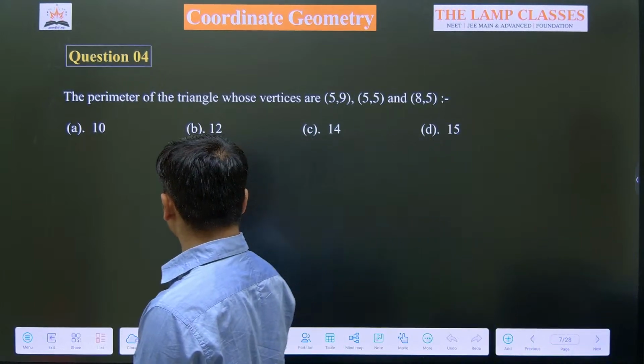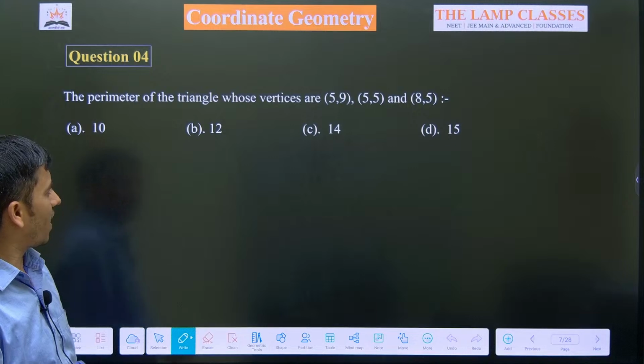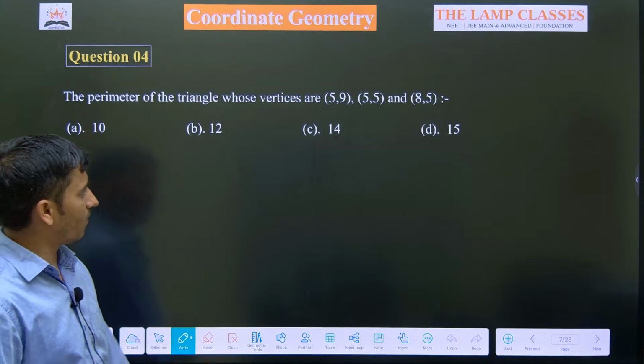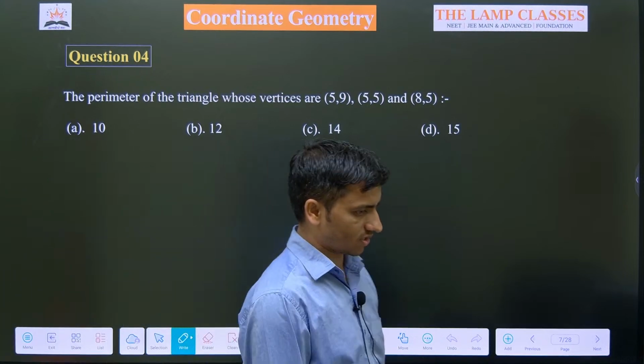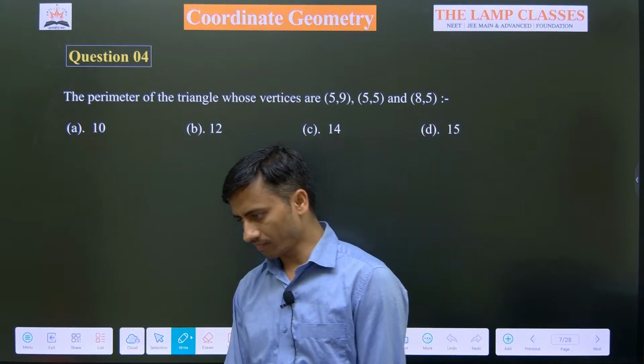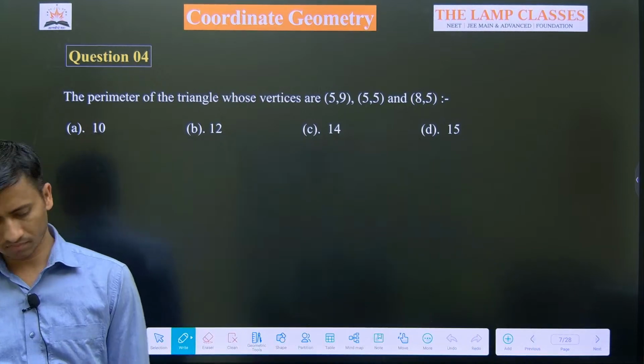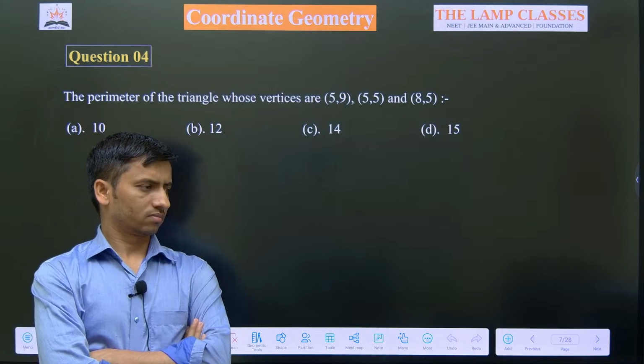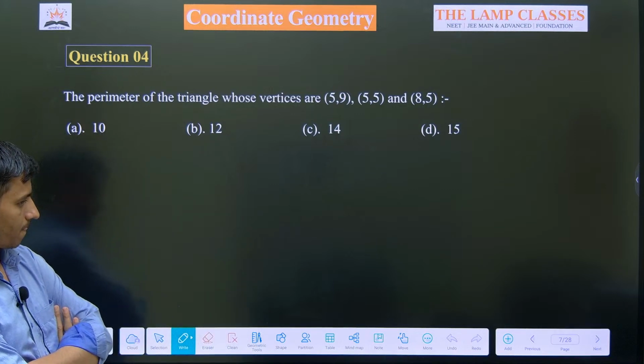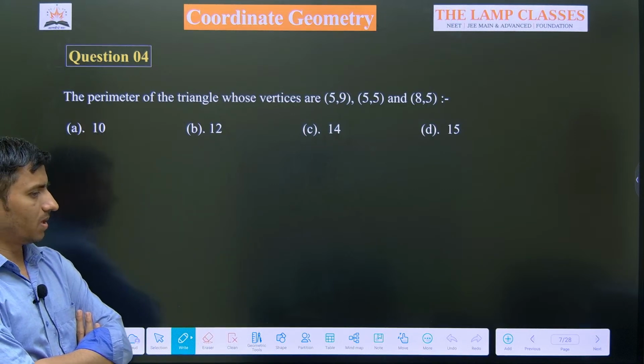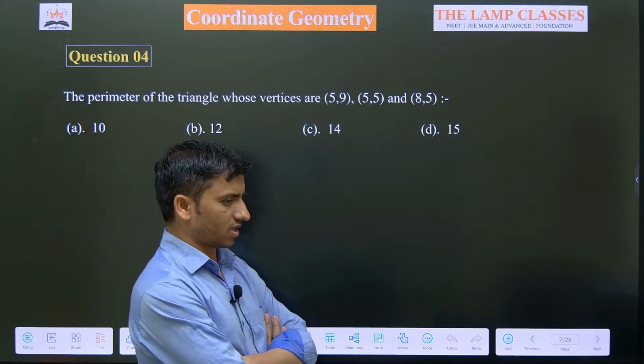The perimeter of the triangle whose vertices are 5 comma 9, 5 comma 5 and 8 comma 5. Please answer this. What will be the perimeter of the triangle whose vertices are this?